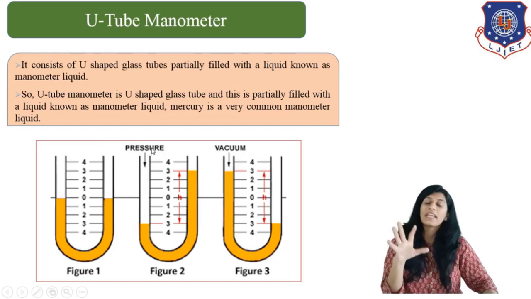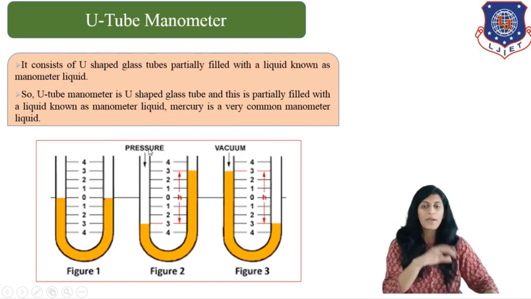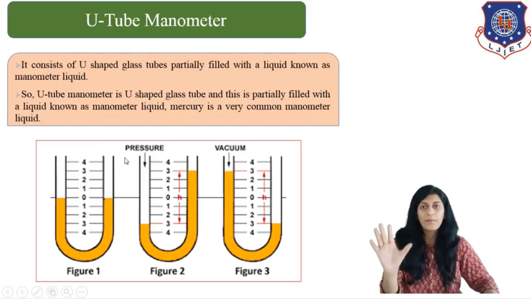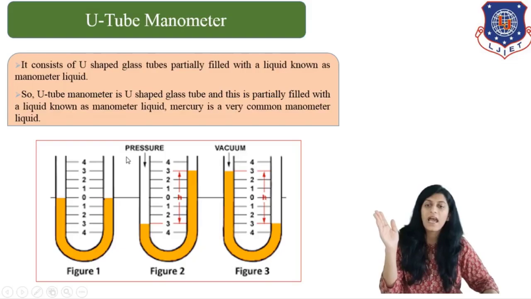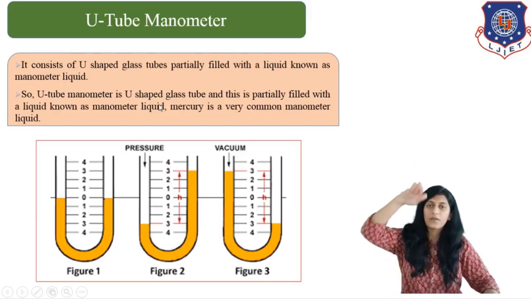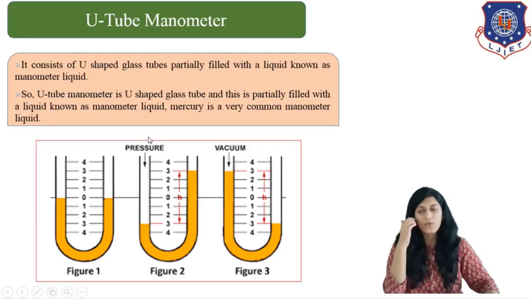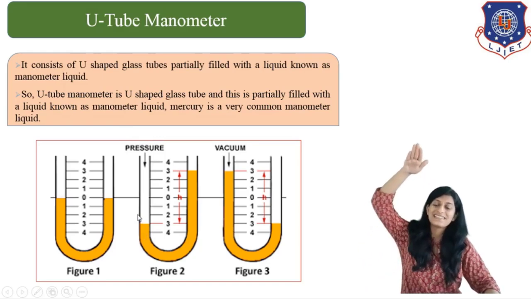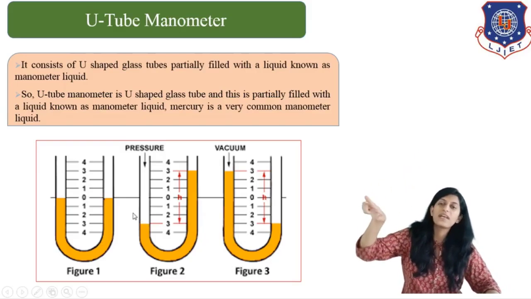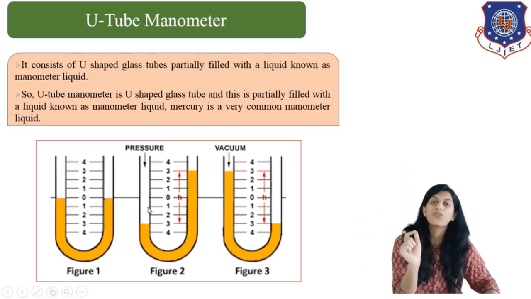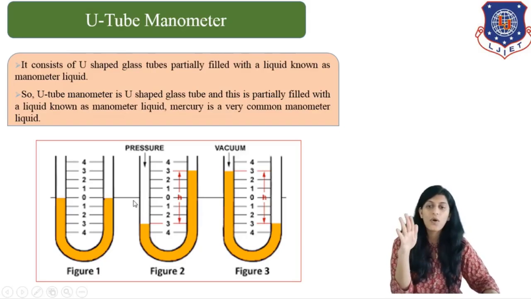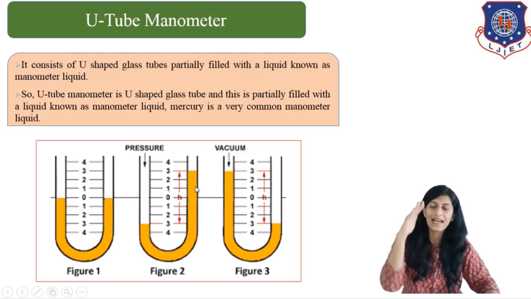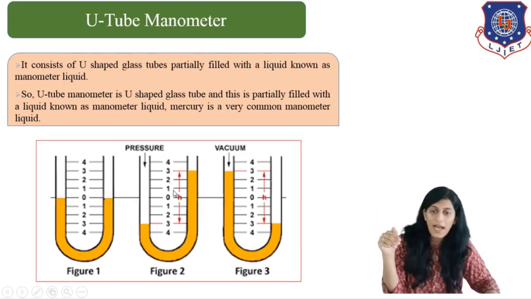Now, whenever we need to determine the pressure of any equipment, we attach one limb of the manometer to the given equipment, and the pressure is applied in that particular limb, as you can see in figure 2. As the pressure is created by that equipment, the manometric fluid will travel from one limb to the other.